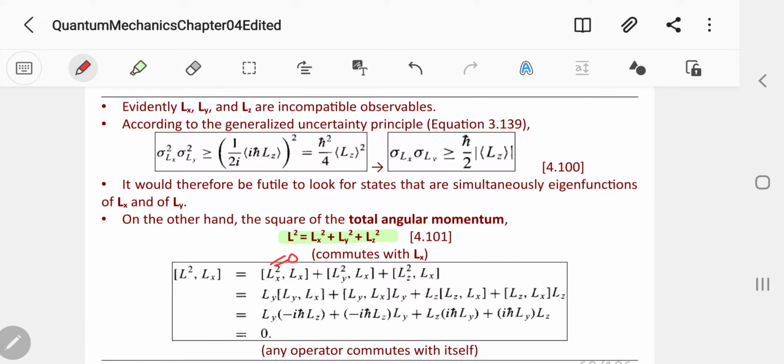This one is equal to this, and this one is equal to this one here.